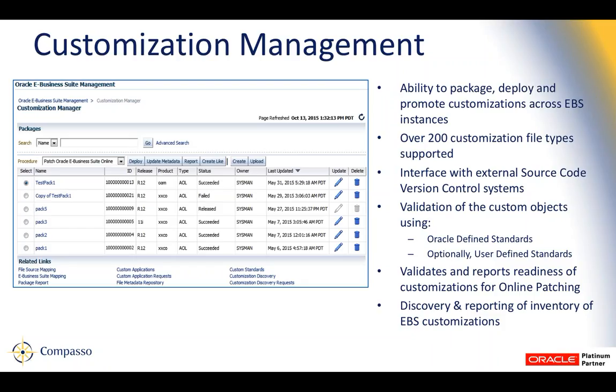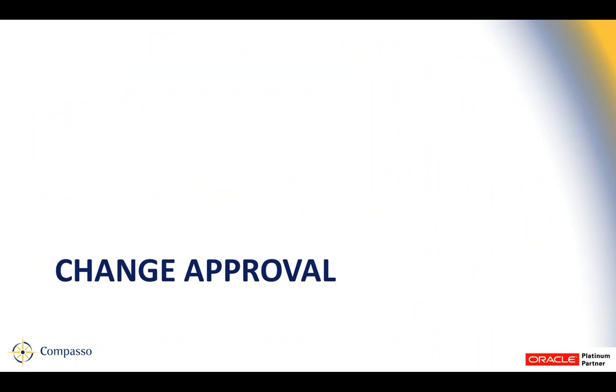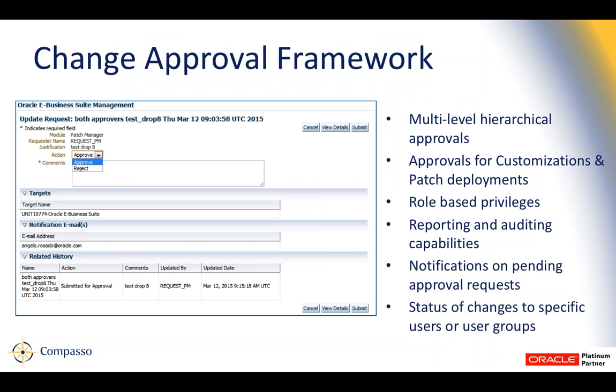Right? And as we've talked about quite a bit, change approval, what does that mean? That means that there is a change approval framework for all changes that occur within the customization and the patch management process. So once you turn this on, if somebody requests a new customization package to be built, or requests a new patch process to be executed, it will go through the change approval framework first.